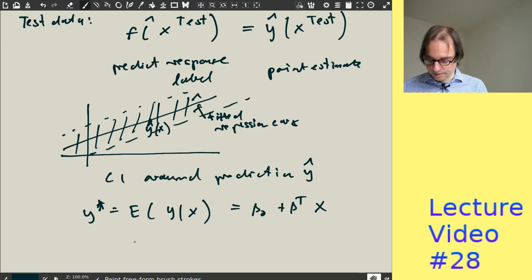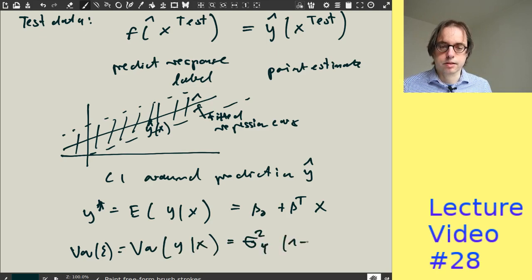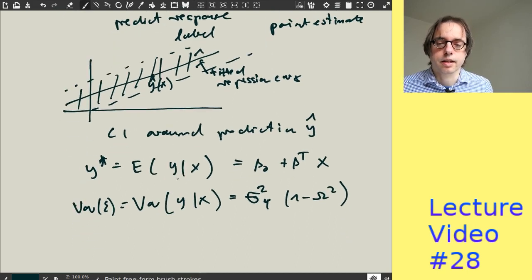And the variance of epsilon, which was the variance of y given x, that was sigma squared y times 1 minus omega squared, is basically the noise variance.